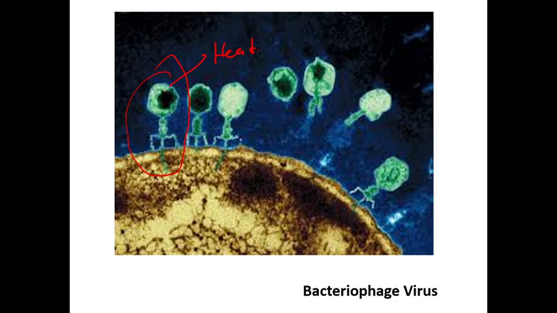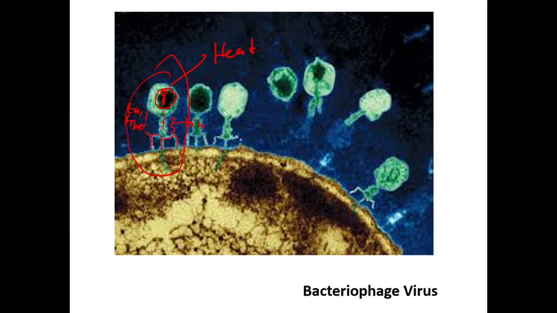So what they do is inside they carry that genetic material protected by a protein coat. And then when they bind to a host cell, they release this. Remember, this part is called the tail, and these are tail fibers.